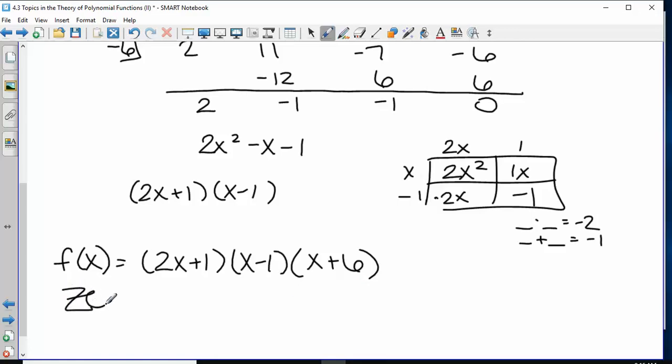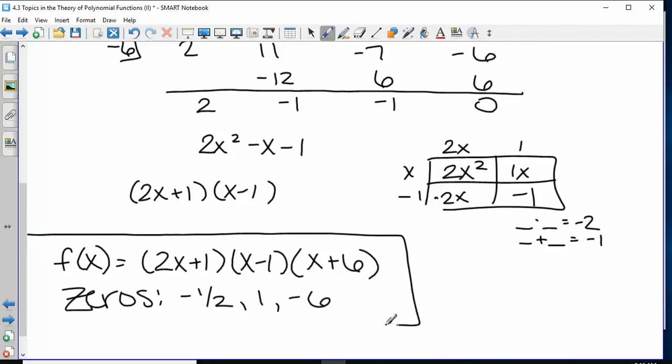My zeros, if we set each of these equal to 0, if 2x plus 1 equals 0, -1/2. If x minus 1 equals 0, 1, and if x plus 6 is 0, -6. Okay, so we did that one on our own.